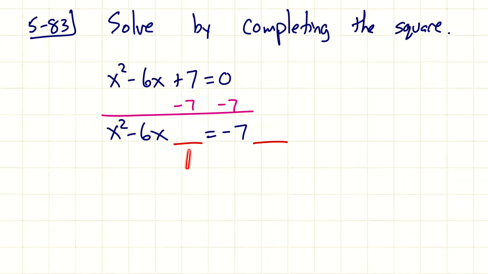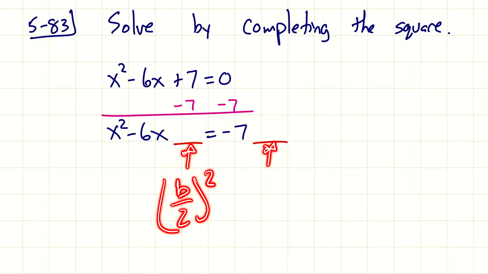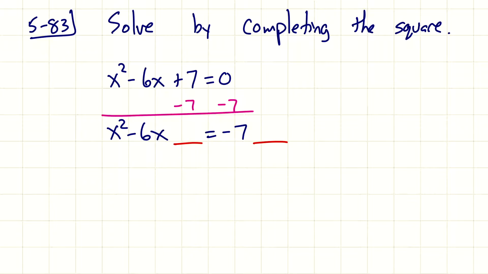So how do I get this number? Where does it come from? Well, that's that b divided by 2 squared that we talked about. Our b value in this case is negative 6, so I'll even put that work on the side.